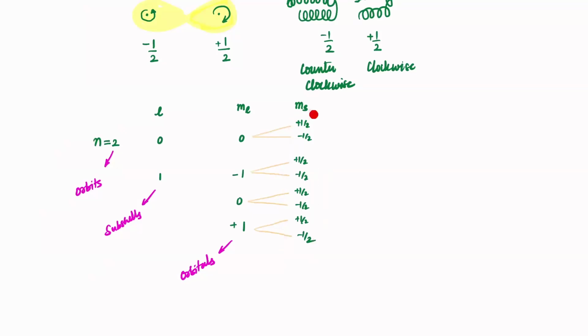We can accommodate 1, 2, 3, 4, 5, 6, 7, 8. And we learned this is generally 2n square.